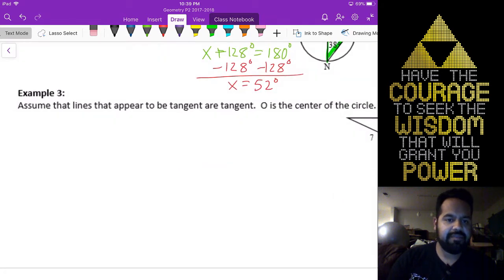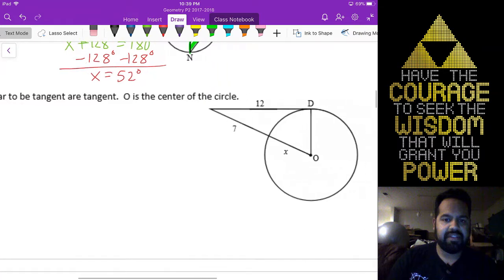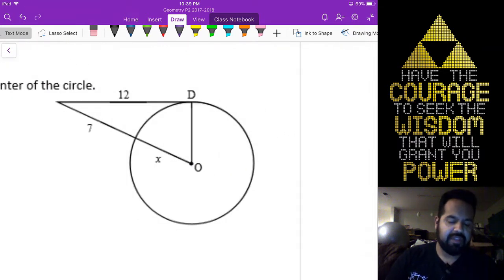Example 3, assume that lines that appear to be tangent are tangent. O is the center of the circle. Well, the only information I've really given you here is the tangent line. And that tells you, hey, I have a right angle here.